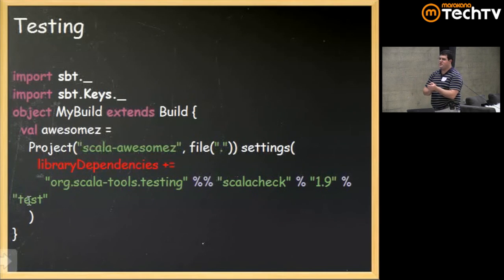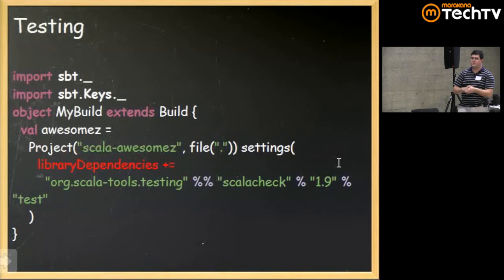Okay? So that whole config extends thing is somewhat important here. And that's what this last percentage equals. If you don't see a percentage test, everything defaults to being available at compile time. So by default, that would be compile.